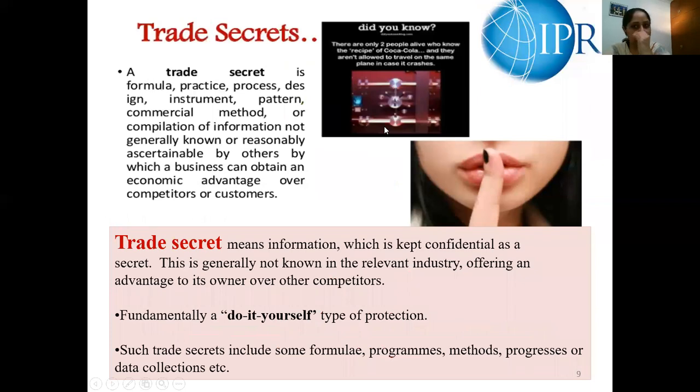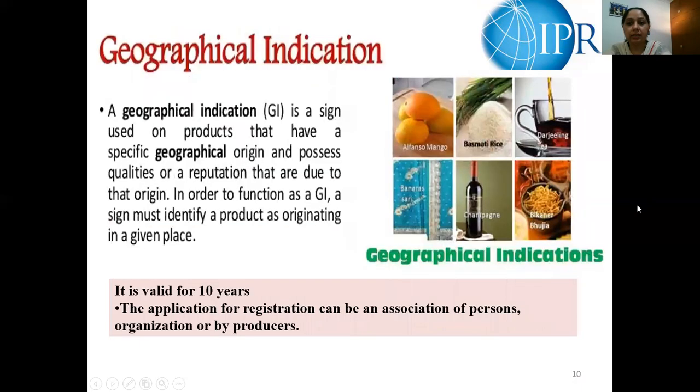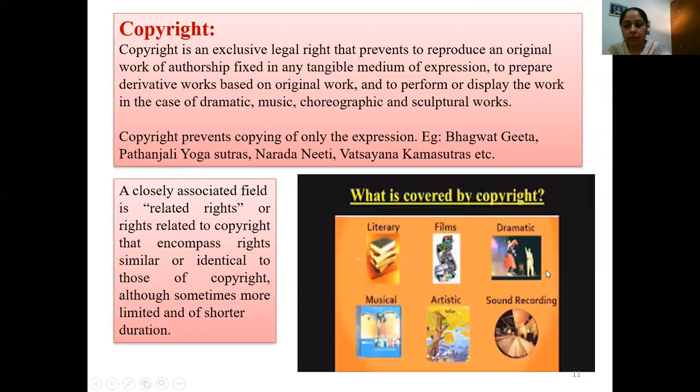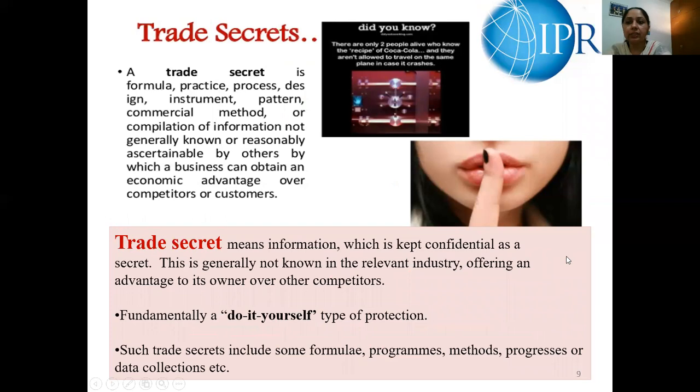Trade secrets. Another category of IPR are trade secrets. A trade secret is a formula, practice, process, instrument, pattern, commercial method, can be a protocol, whose information is not known. Actually, a trade secret is a secret which is kept as a secret for the whole life.